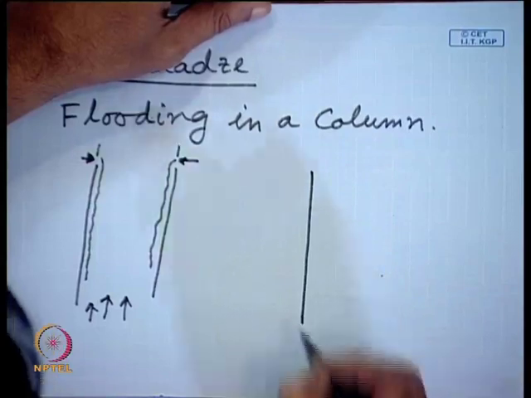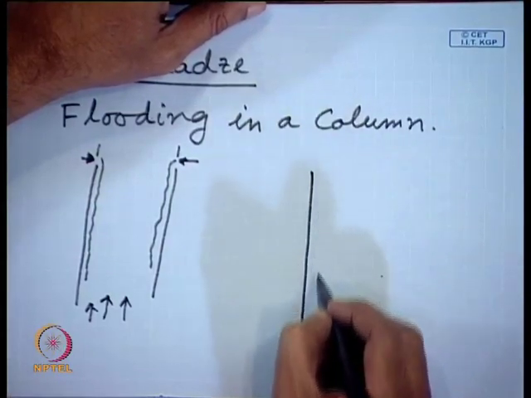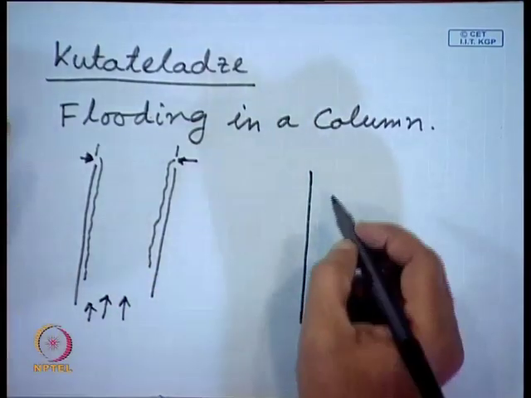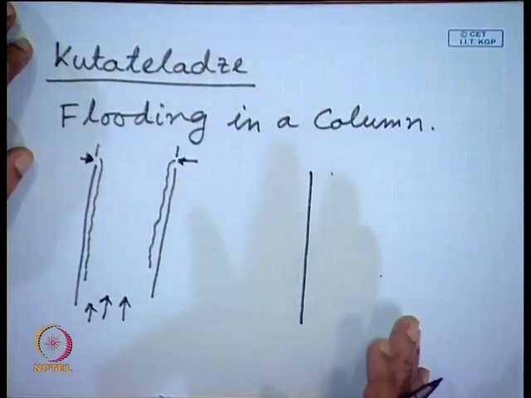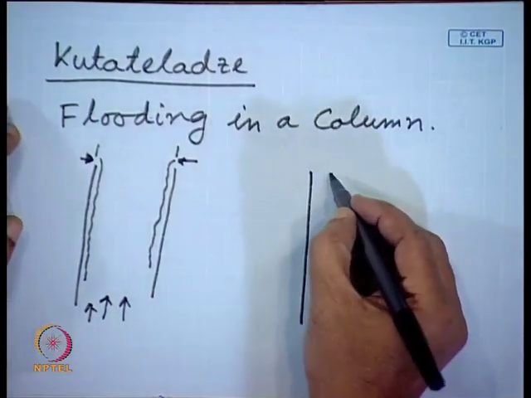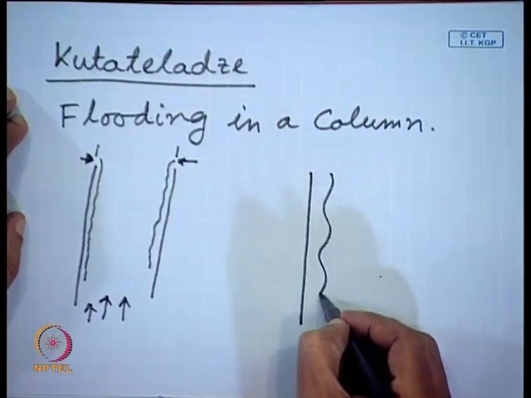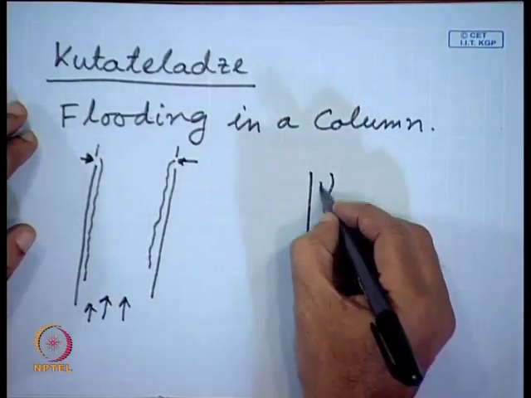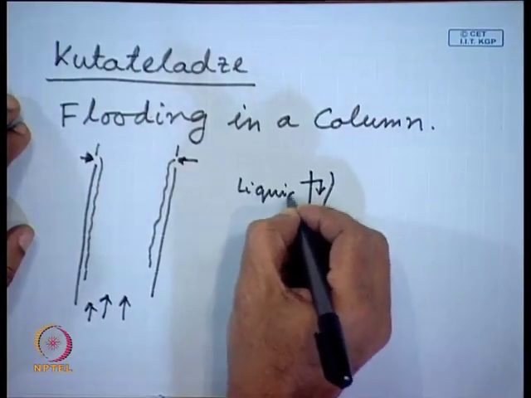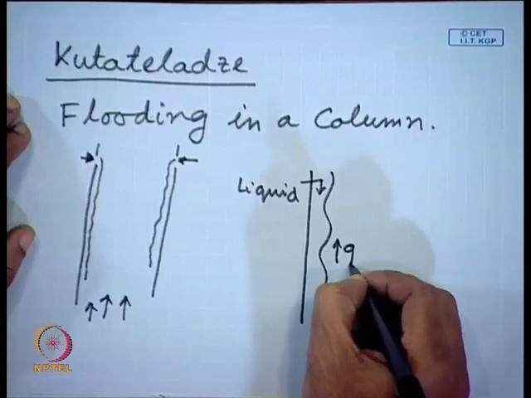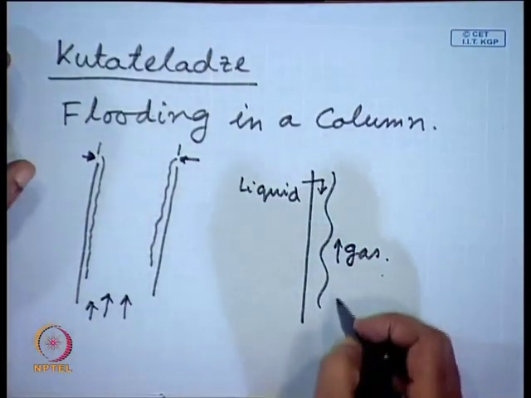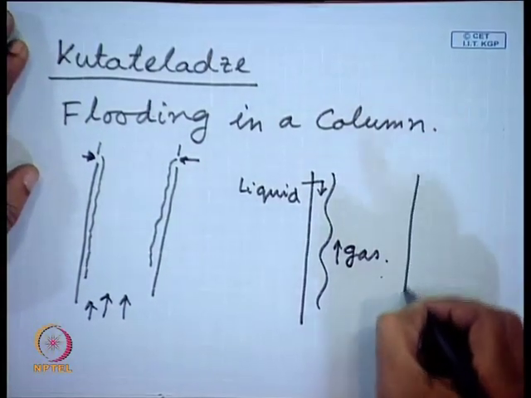So, now what we are getting? We are getting that liquid flow is there in the downward direction and side by side gas flow is there in the upward direction. So, if the gas velocity is small, then we will have a smooth liquid film, but if the gas velocity is high, then you will have some sort of an undulation or ripple on the liquid film. So, this is your liquid. And this is your gas. So, we will have some sort of an undulation in the liquid film, and when the gas velocity is very high, then what will happen?